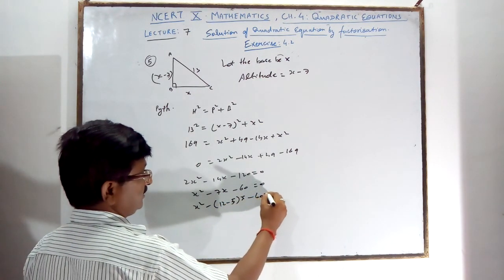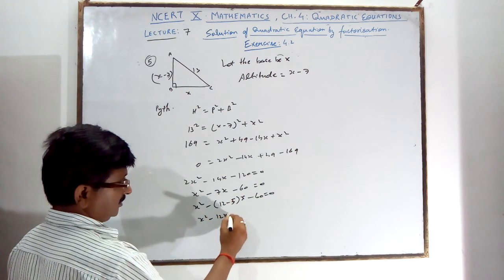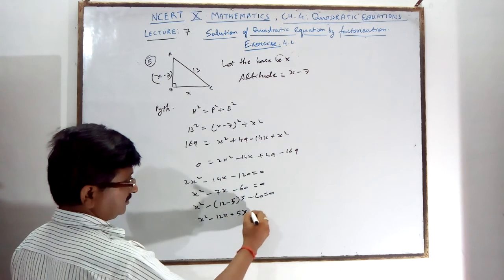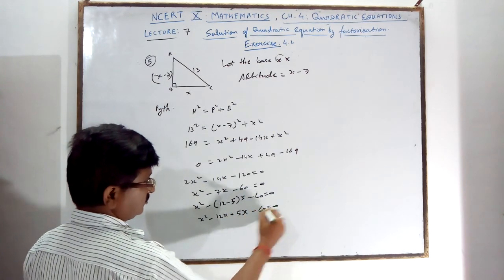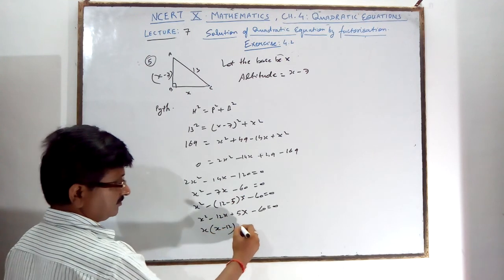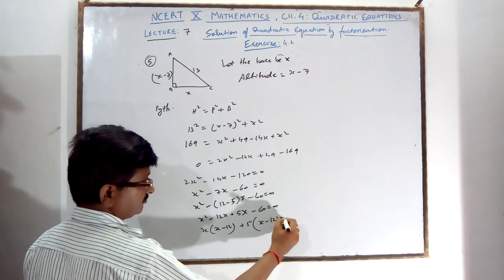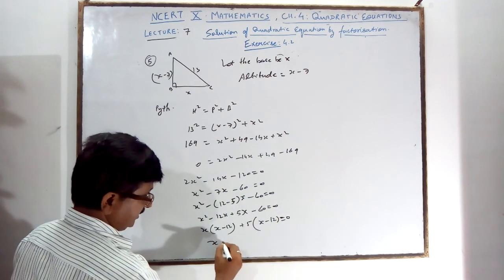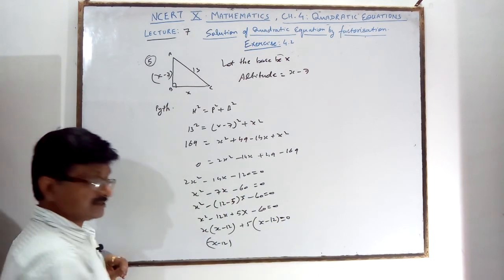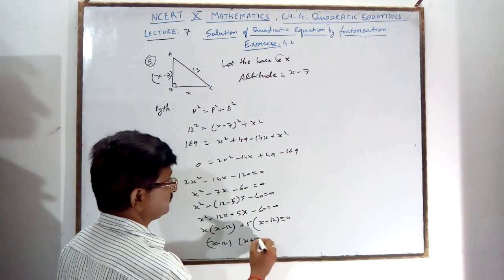So you are getting x square minus 12x plus 5x minus 60 is equal to 0. x is common, x minus 12 plus 5 is common. You are getting two factors, one is x minus 12, another is x plus 5.